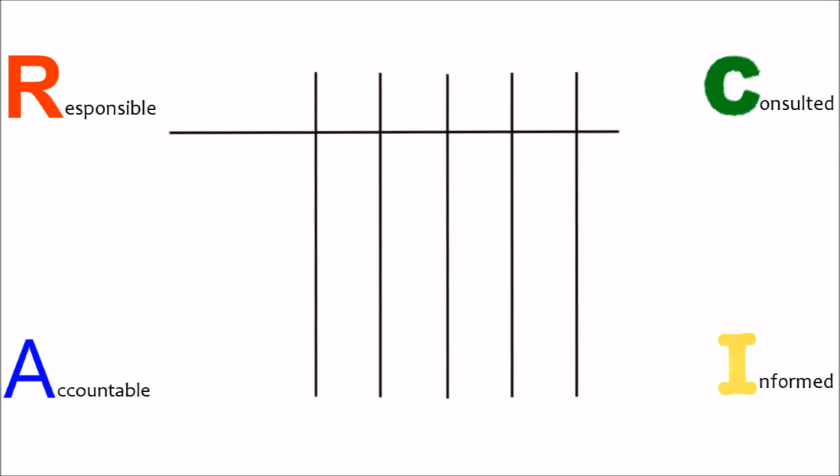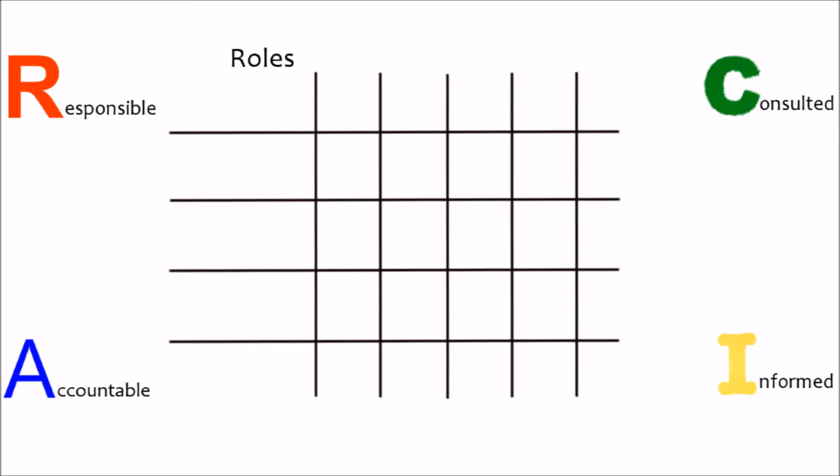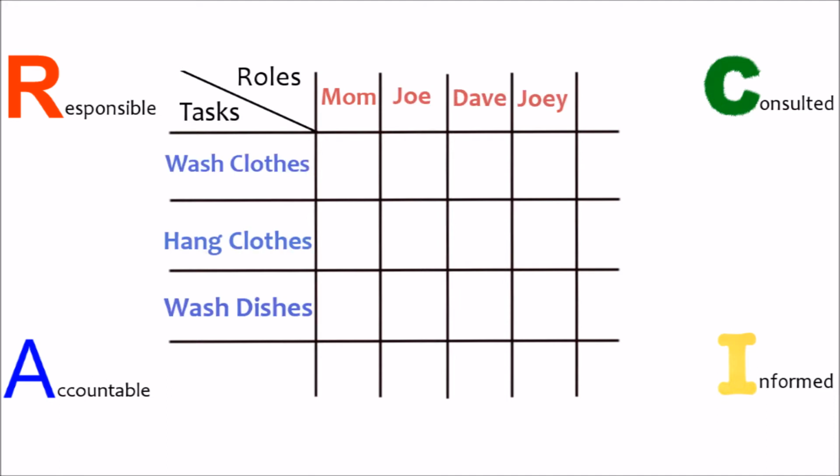Now let's picture a perfect scenario where the results of this task will be pleasant to the mom and to all her kids. Maybe. Now the mom, being the person who's accountable for the results of the task, is the one who's accountable for all the tasks.